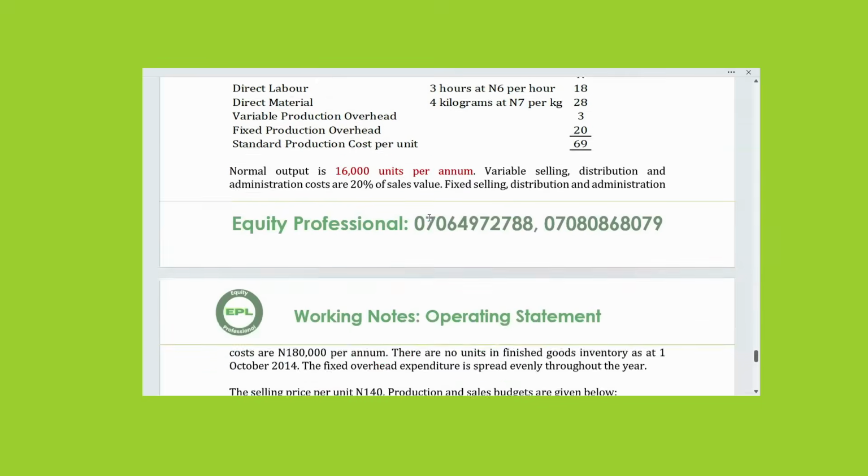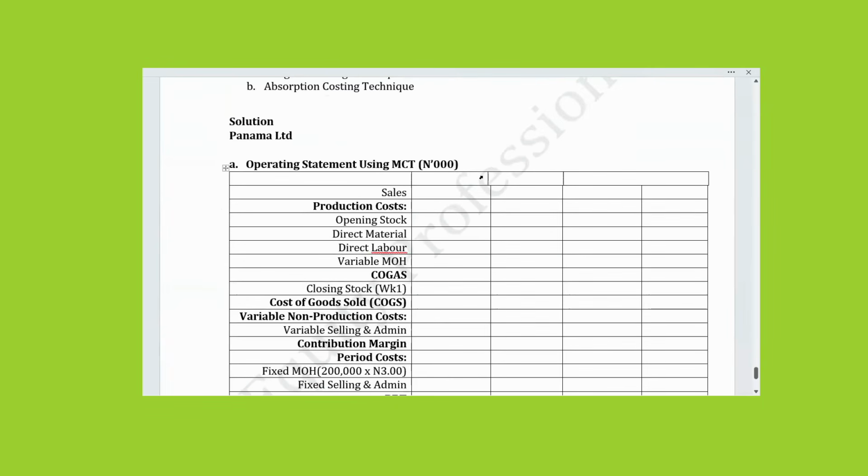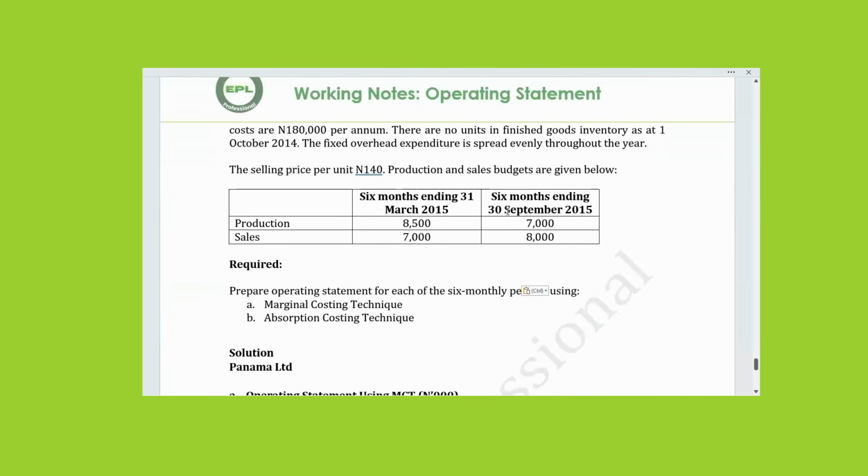However, this question is for the period of 6 months ending 31st March 2015. So we have March 2015. We also have September 2015. So I will then come here, March, and then September 2015.